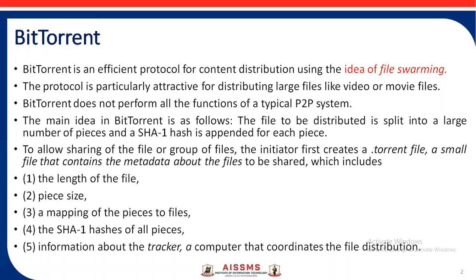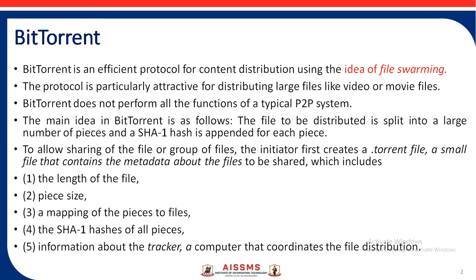The main idea in BitTorrent is that the file to be distributed is split into a large number of pieces, and a SHA-1 hash is appended for each piece. To allow sharing of a file or a group of files, the initiator first creates a .torrent file, a small file that contains the metadata about the file to be shared.